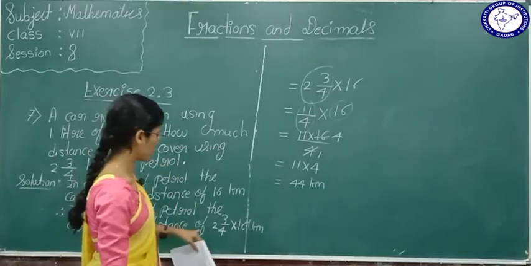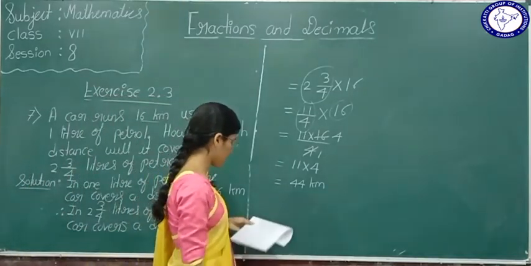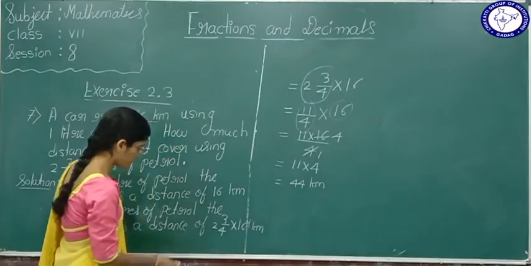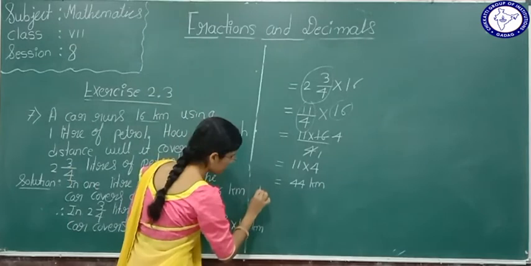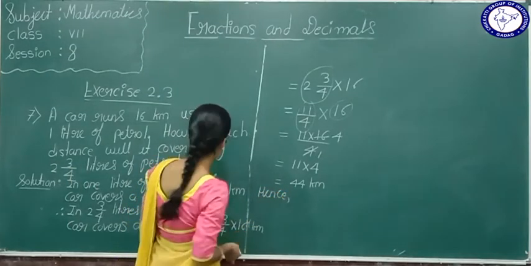So 2 integer 3/4 into 16 kilometer is equal to 44 kilometer.